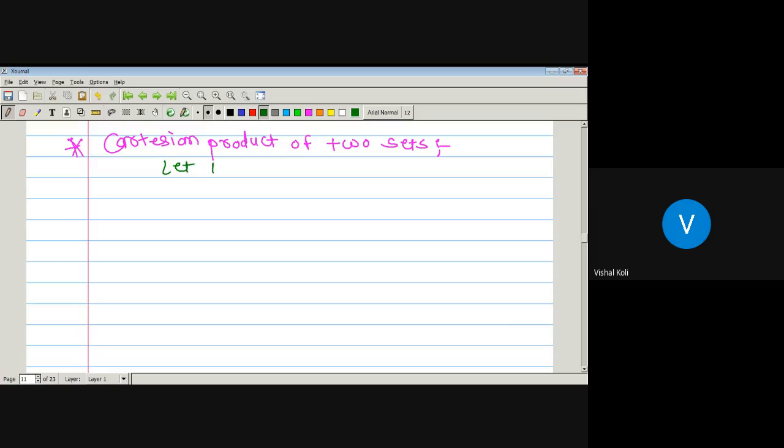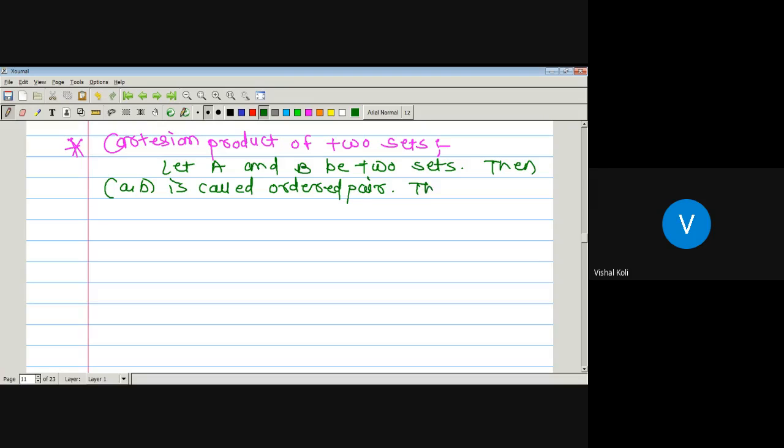Let capital A and B be two sets. Then (a, b) is called an ordered pair.